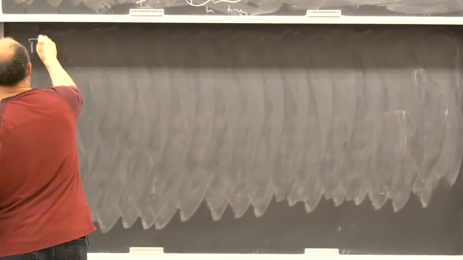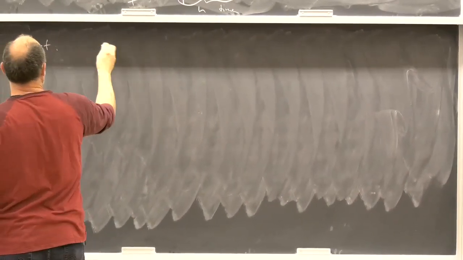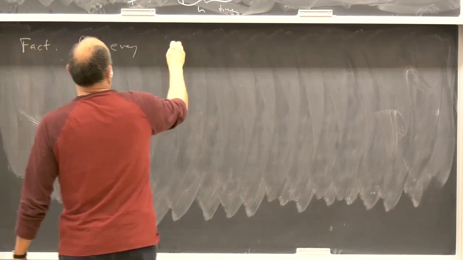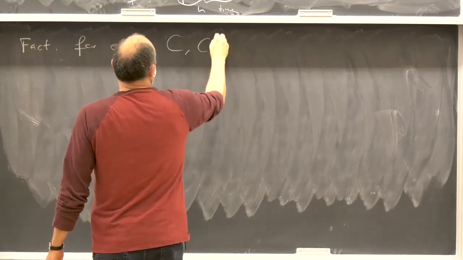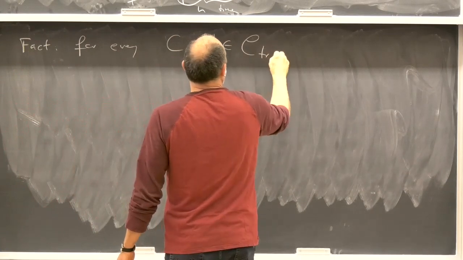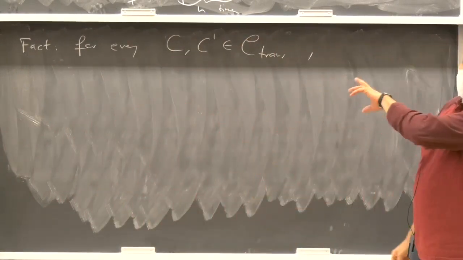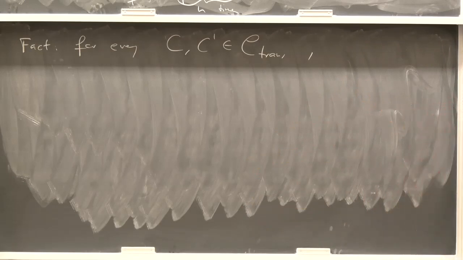So, fact: for every C and C prime, two cells in C trans, it may be that for an arbitrary pair, F might not map any point of C to anywhere in C prime. So that's okay.